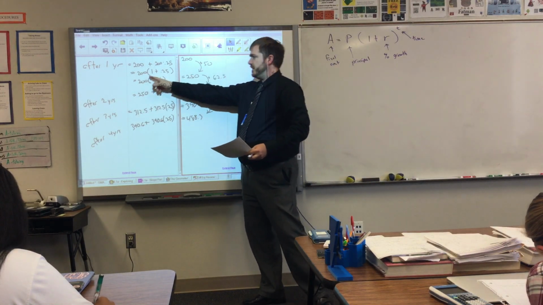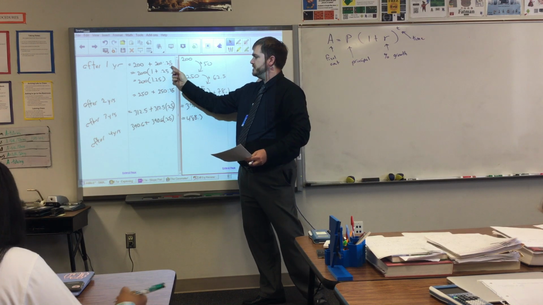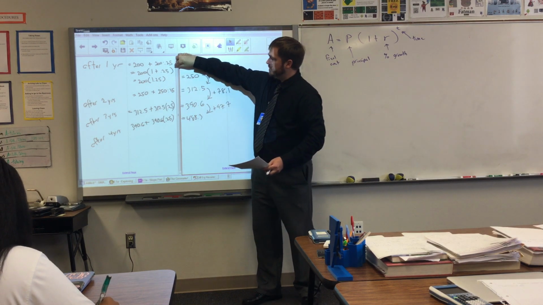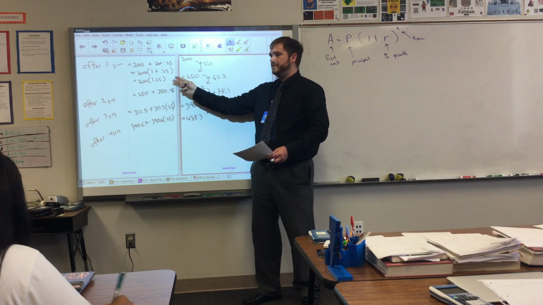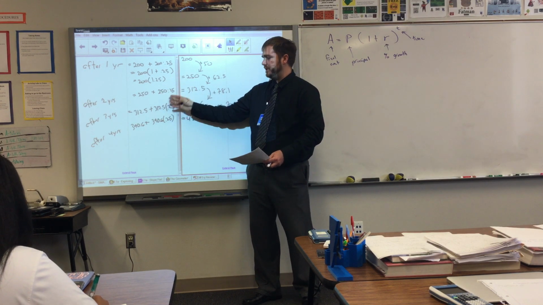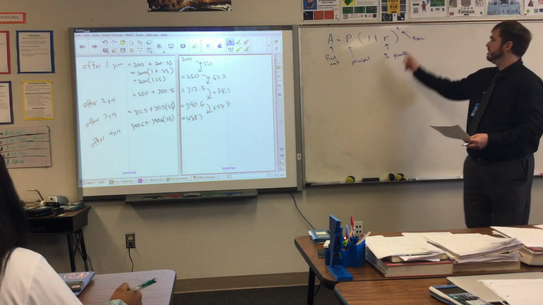You can start to see that you've got the initial amount, 1 plus the percentage. For this first one, it was just to the first power. As we extend this out, after 2 years, it becomes to the power of 2. After 3 years, it's the power of 3. 4 years, it's the power of 4. So on and so forth.